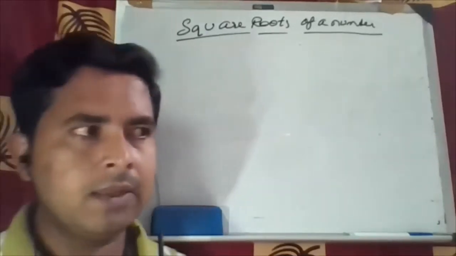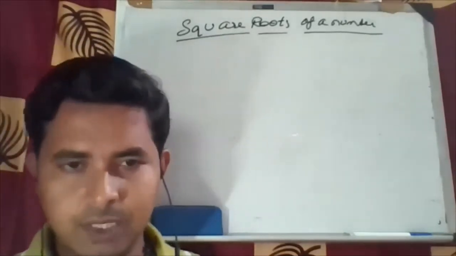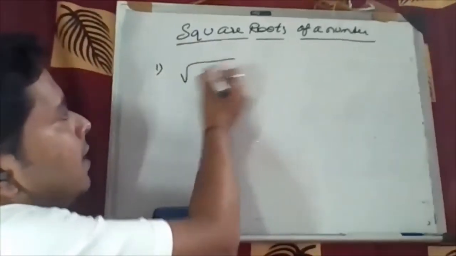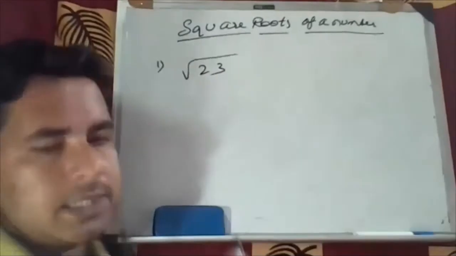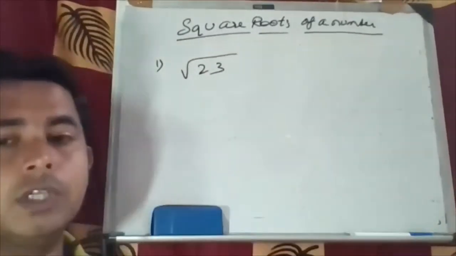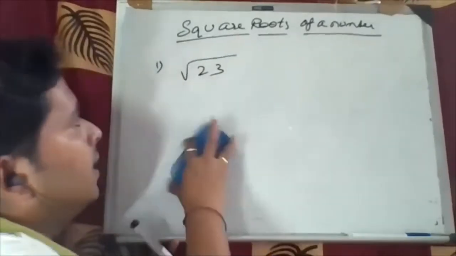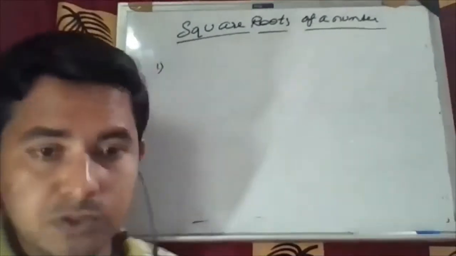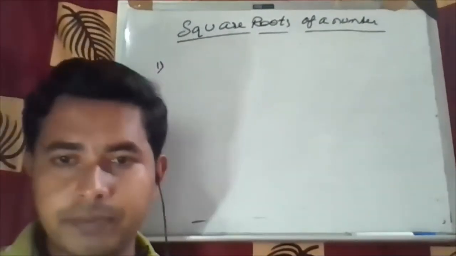Like, we divide the numbers. Suppose they give any number like 23 and ask you to find the square root of this 23. You should remember first of all which is a perfect square and which is a non-perfect square.